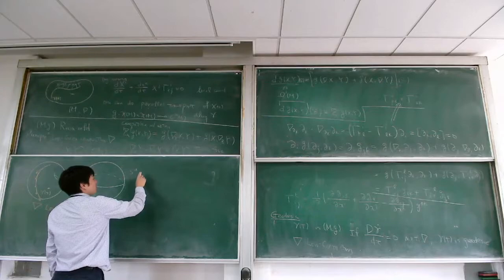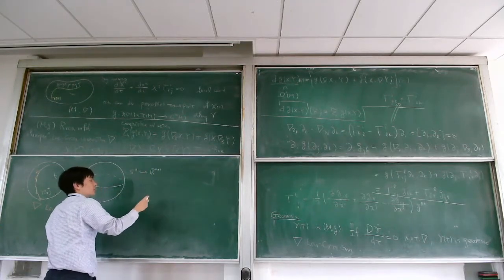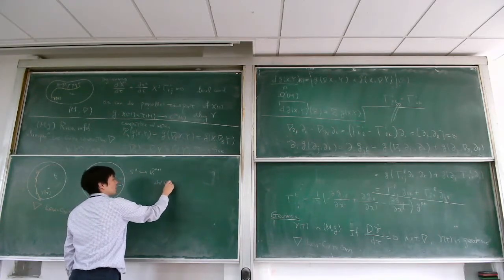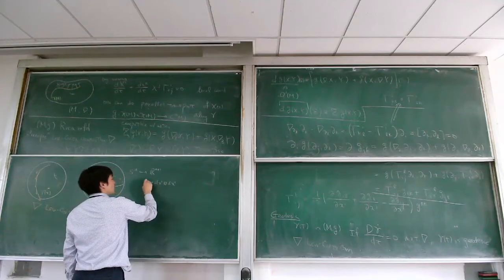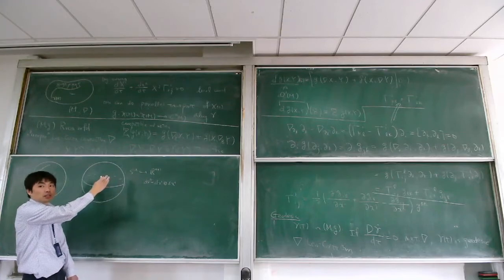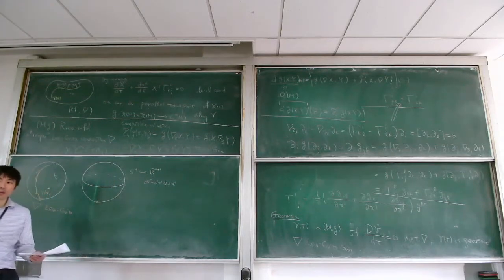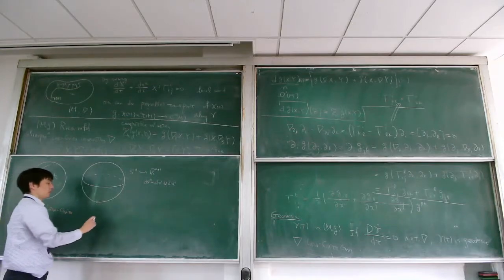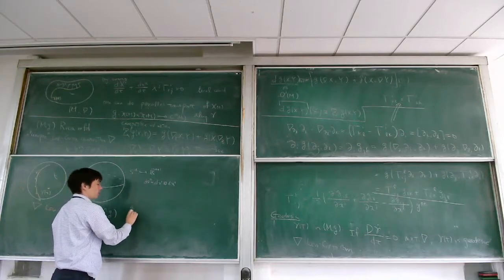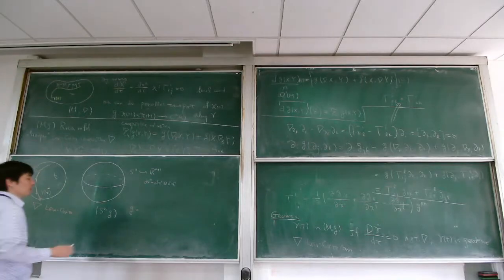So you have R^(n+1), and you can just have the standard metric here, dx_i times dx_i. This is the standard metric, and you can pull it back to the sphere, and you get the Riemannian metric on the sphere. It's intuitively clear.